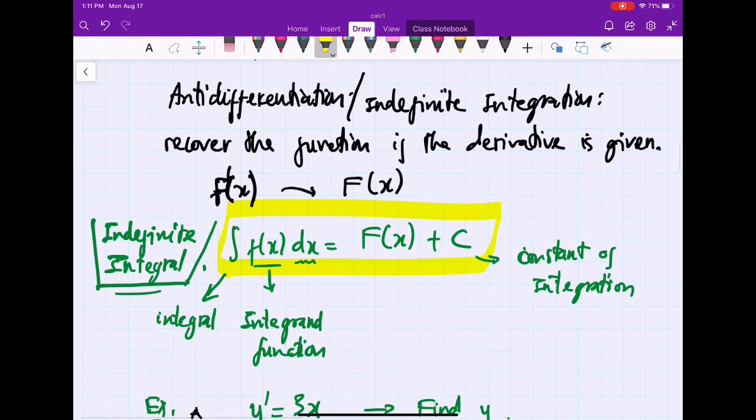And integration means we need to recover the function knowing its derivative. Don't forget that. Or we need to solve a differential equation. So in the next video, we will solve a couple of problems on differential equations and how to use antiderivatives to solve such equations.